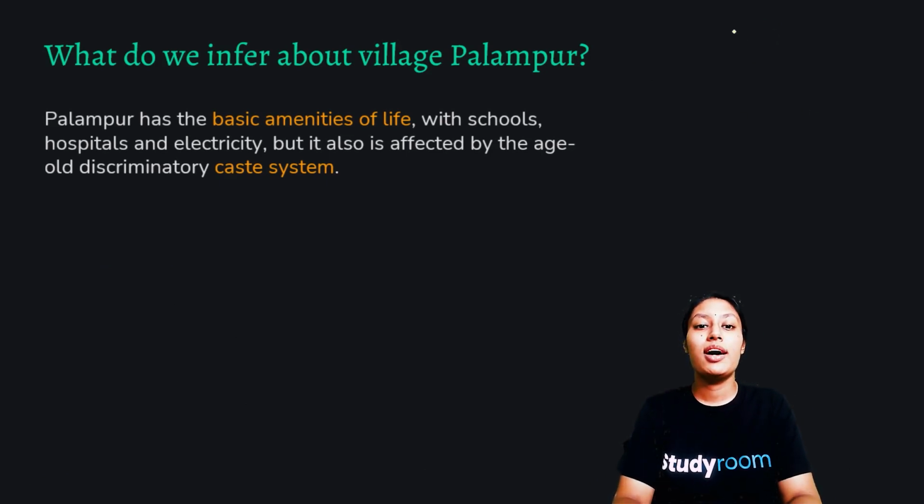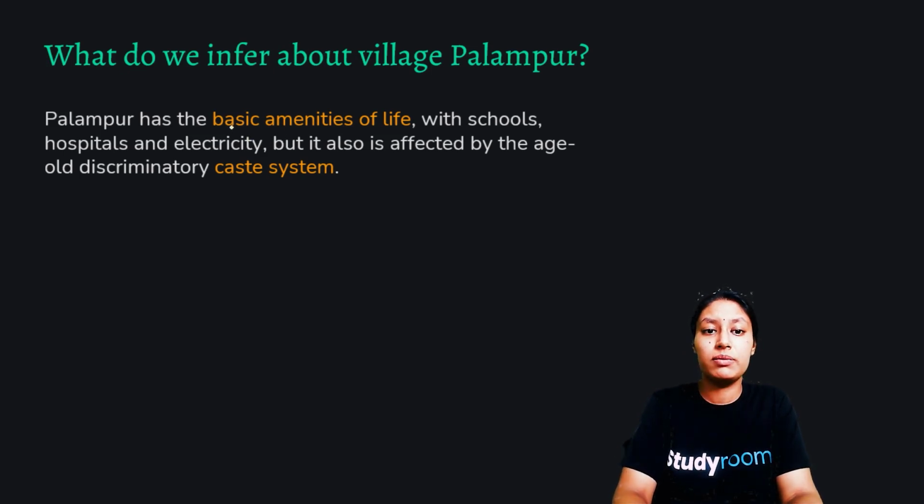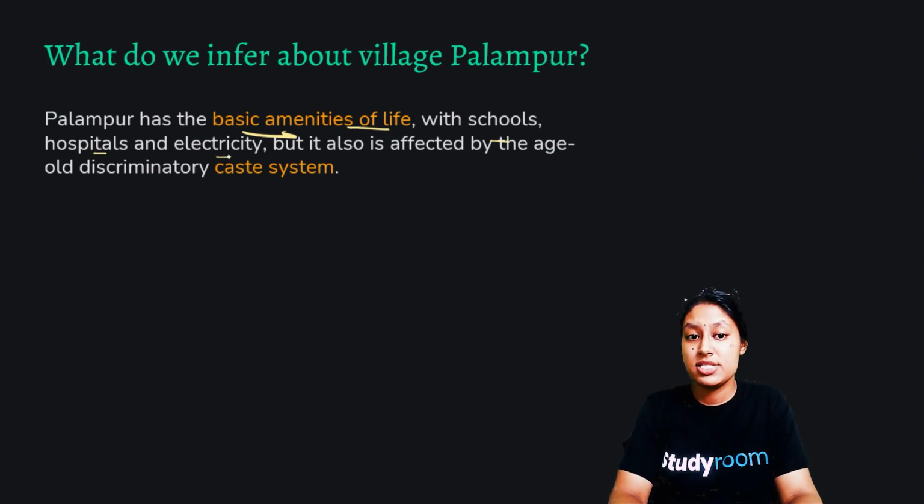So till now, we understand about Palampur that it has basic amenities of life. It's not a very isolated village where survival is difficult. It has a school, a hospital, and electricity.